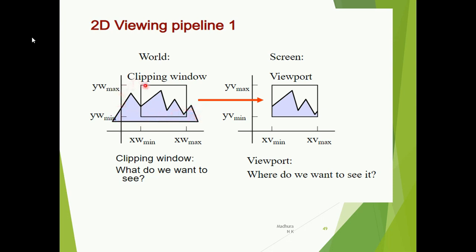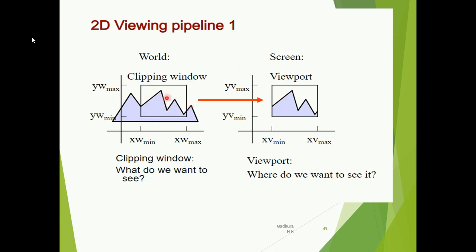You are going to display only the content inside the clipping window, and convert this content from world coordinates to screen coordinates. After clipping, you place this window on the screen.